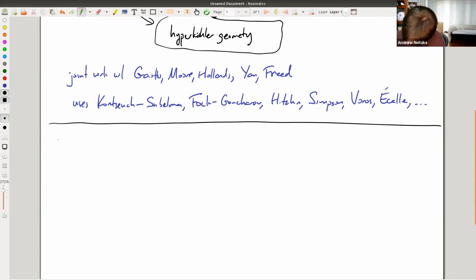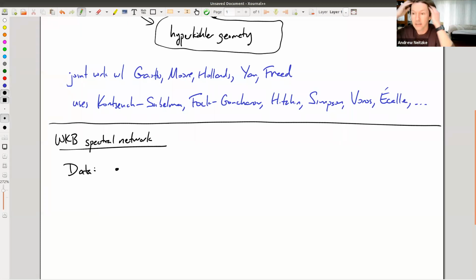So today is basically the construction of the WKB spectral network. Okay, so here's my data. We'll take a compact Riemann surface.